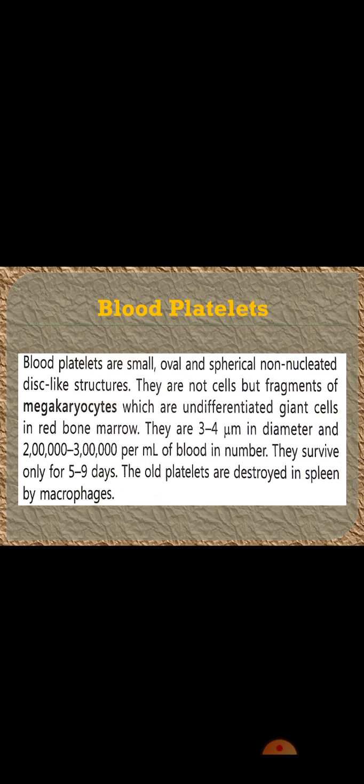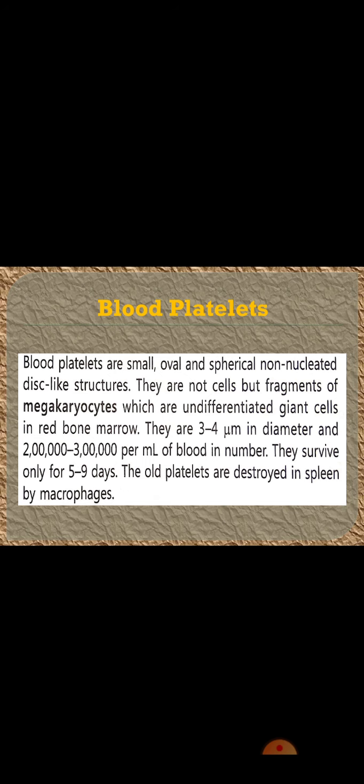And the last type of blood corpuscle is blood platelets. As we know, blood platelets are small, oval, and spherical but non-nucleated disc-like structures. They are not cells but fragments of megakaryocytes, which are undifferentiated giant cells in red bone marrow.